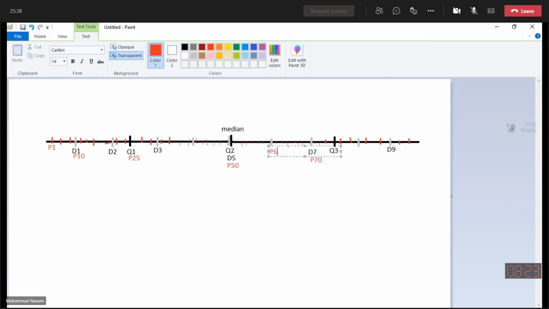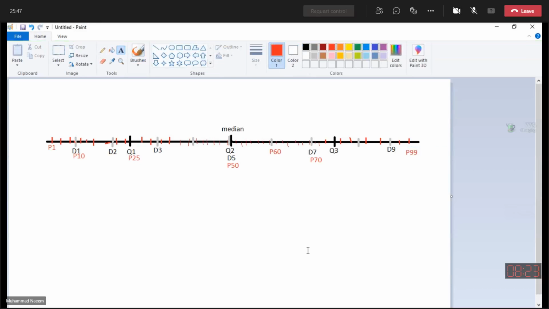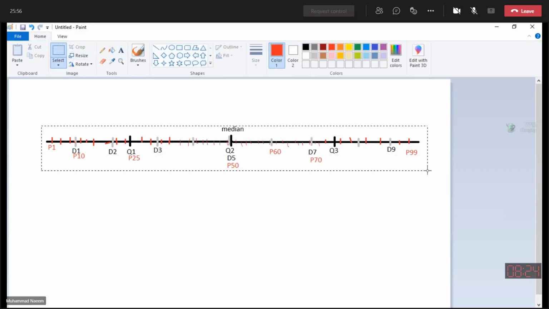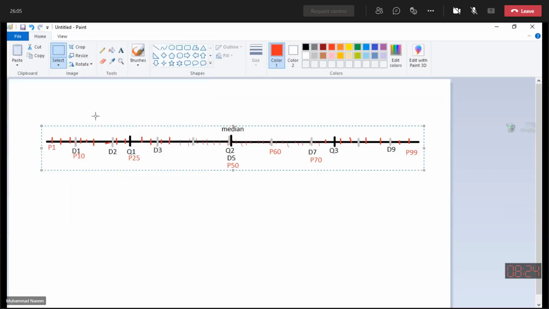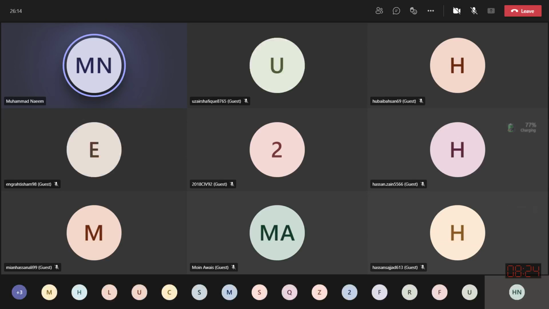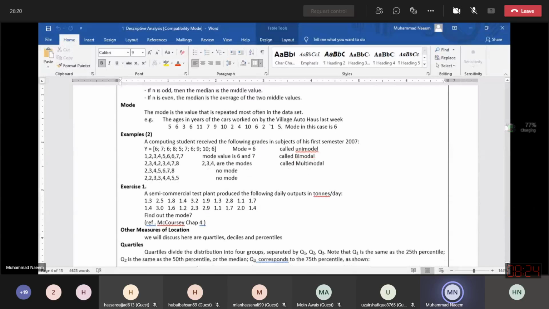Here we have P60, and the last one P99. So remember one thing, by definition, the meaning of quartile, decile, or percentile.